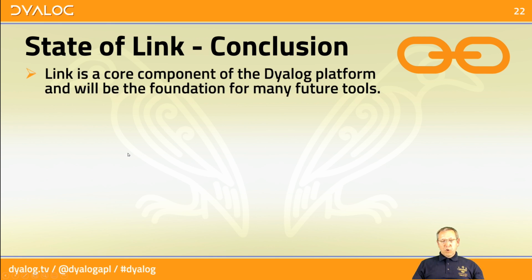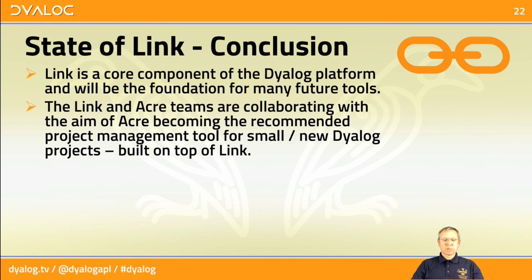So to conclude, although it's still very new and being worked on, you've seen the rate of commits. Link is going to be a core component, or it is a core component, but it's going to be something that's used for a lot of things in the future. We're totally convinced of that.